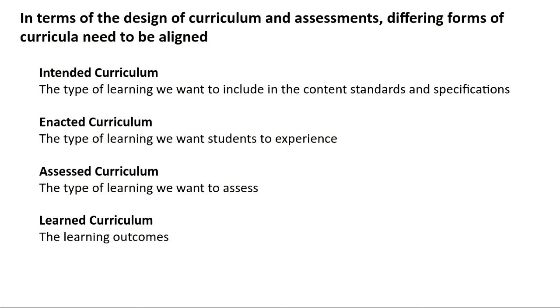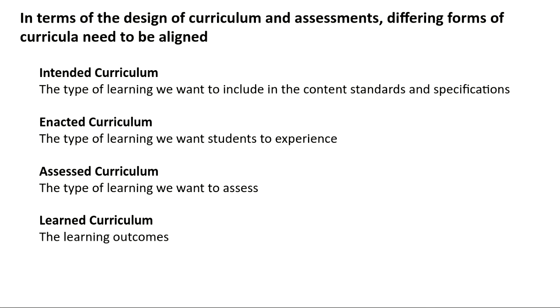A key factor in this is to go back to the notion of alignment, and these are the four types of curriculum. Intended curriculum is what specifications intend a program of study to deliver. The enacted curriculum is what actually happens in the classroom. Is the intended curriculum actually enacted by teachers and students?